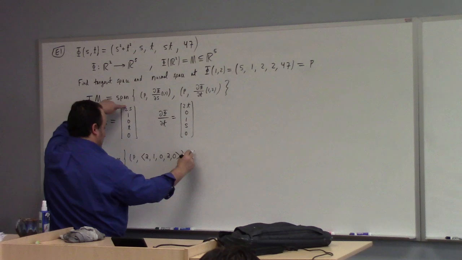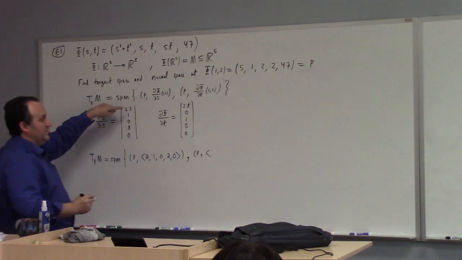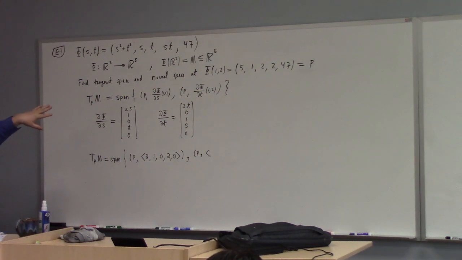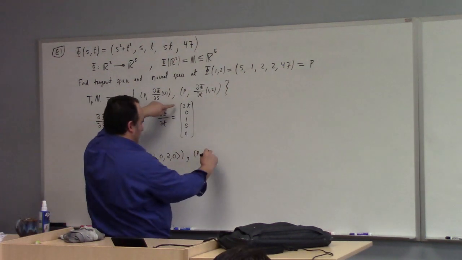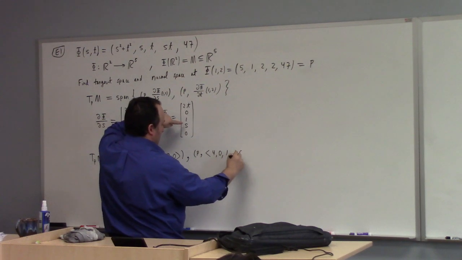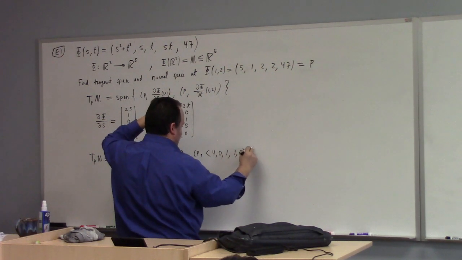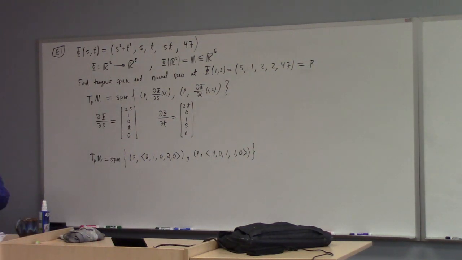And my other one, plug in, s equals 1, t equals 2, so that's (4, 0, 1, 1, 0). All right, so there you go, those vectors span the tangent space to this surface in 5 dimensions.